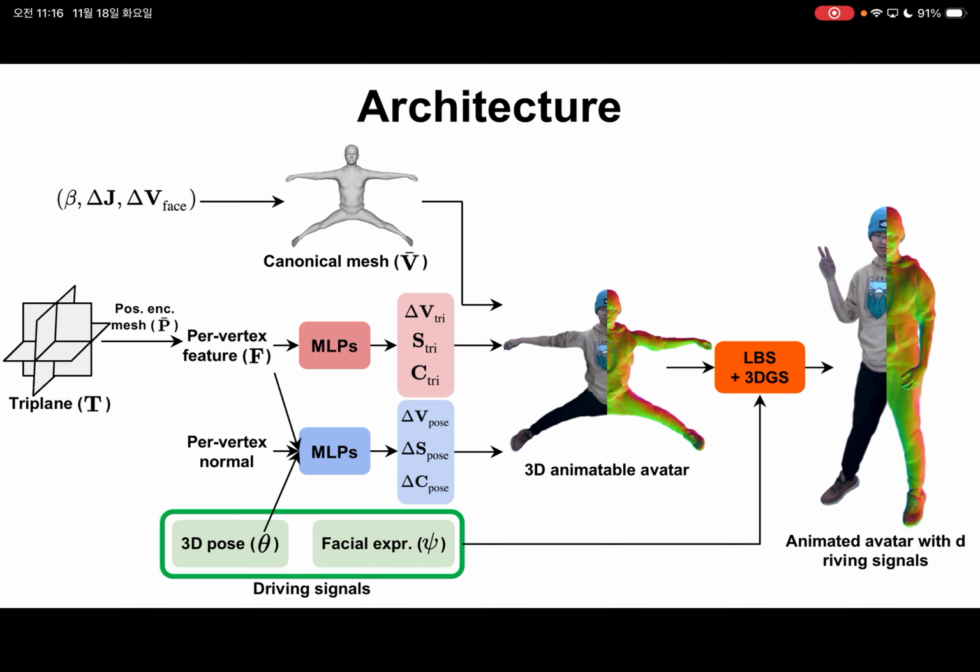We have learned MLP, right? So the MLP outputs some Gaussian features like mean offset, scale offset, and color offset, and then we reconstruct some canonical representation, and then we animate it with input pose and render with input camera parameters, and then we can have an animated representation of the human.